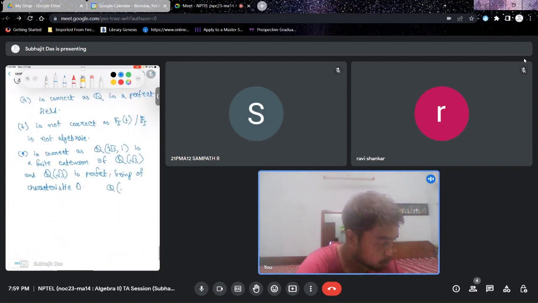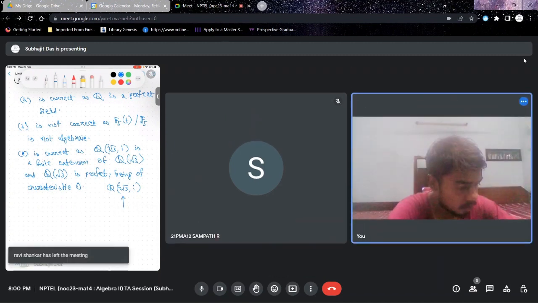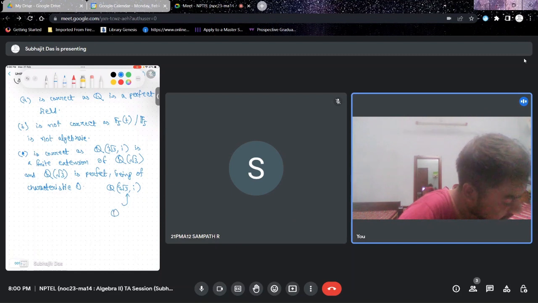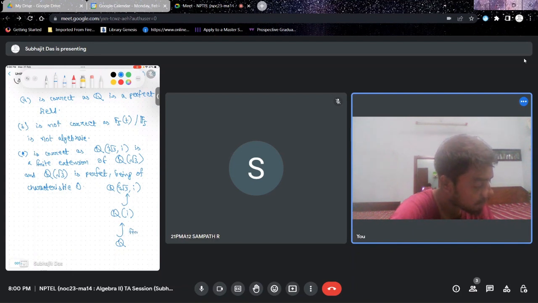Q adjoined with fourth root of 3 comma i is an extension of Q(i), and this is an extension of Q. Now certainly this is finite.